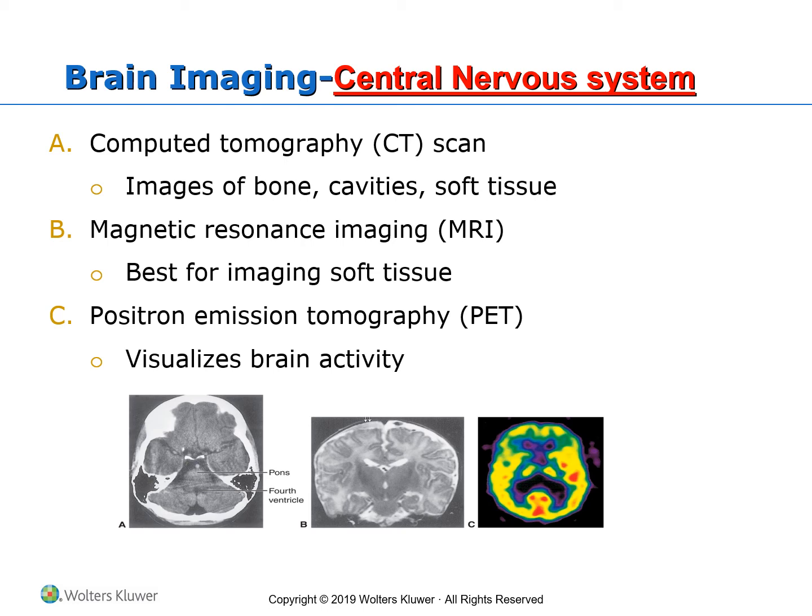MRI will give a little bit more detailed view of the brain tissue than the CT scan is doing, and that's because the MRI is able to present in detail those tissues that have a high concentration of water. So MRI is very good for tissues like the brain that has an increased amount of water.